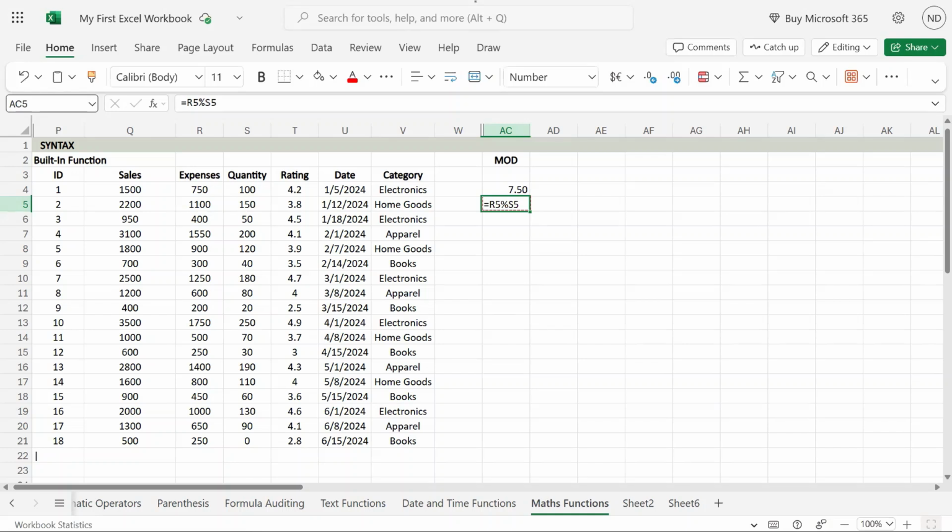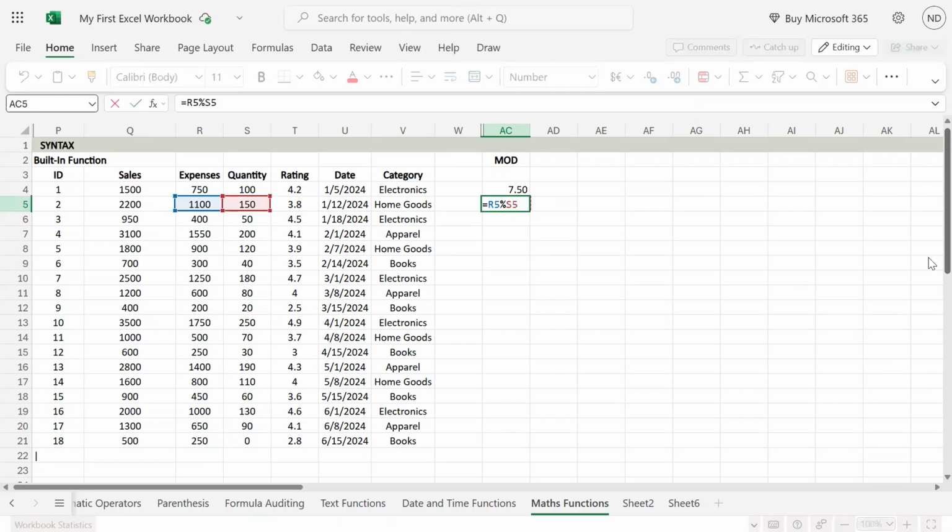You have this mod function, where you get the remainder. How do I get the remainder? The divide sign gives you the quotient.